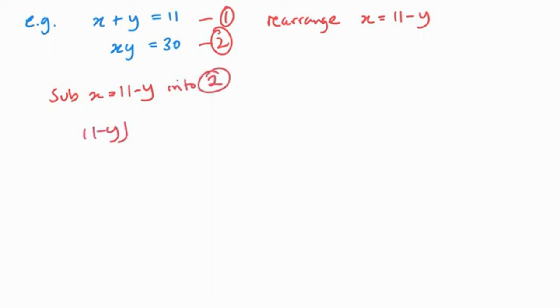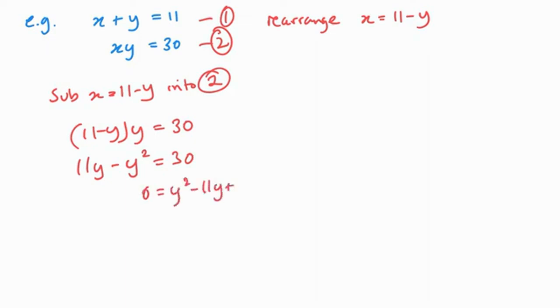So 11 minus y times y equals 30. Expand my brackets, gives me 11y minus y squared equals 30, and then it's again rearrange and solve. So looking at this one, it's going to go into 2 brackets, y minus 6 and y minus 5.